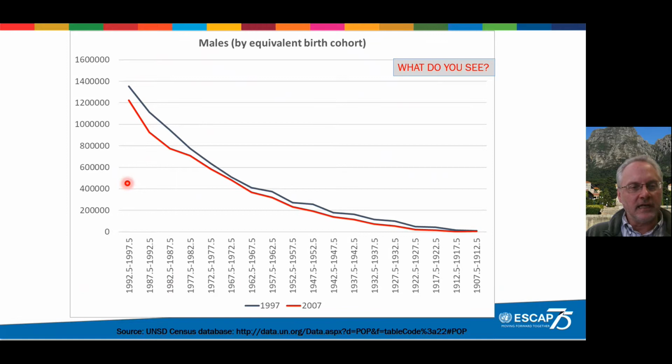And so that is starting to lead one to an assumption or a tentative conclusion that perhaps there was a problem with the enumeration, certainly, of the young girls in the earlier 1997 census, which was not evident amongst the population of males.